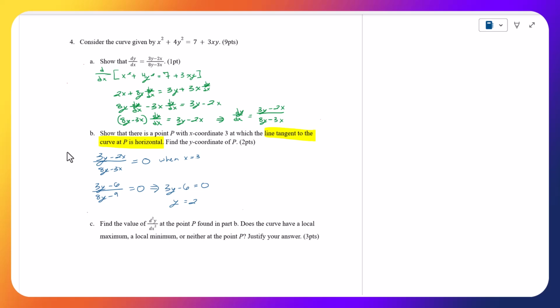Because if this point 3, 2 satisfies this equation, then we're on that curve. Okay, so we have 3 squared is 9 plus 2 squared is 4 times 4 is 16 equals 7 plus 3 times 3, 9 times 2, 18.